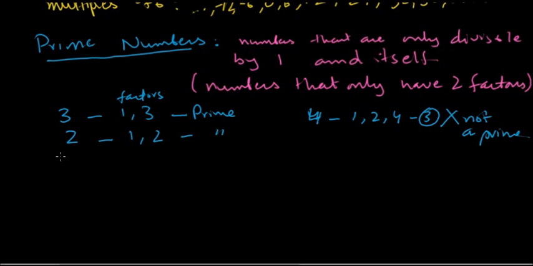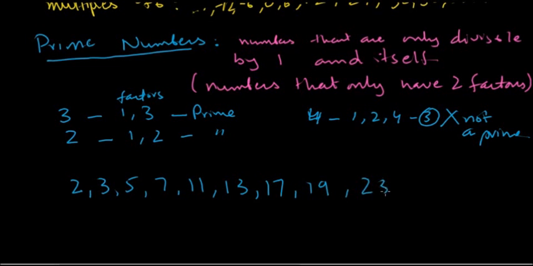So there's this list of prime numbers that we need to memorize, and it's very important. 2, 3, 5, 7, then 11, 13, 17, 19, 23, 29.